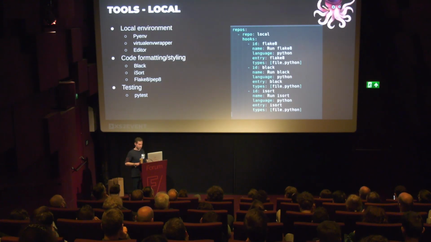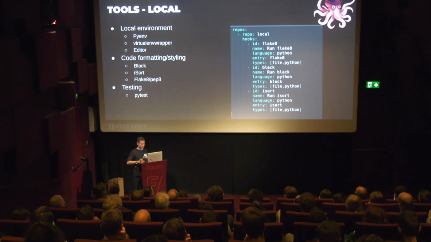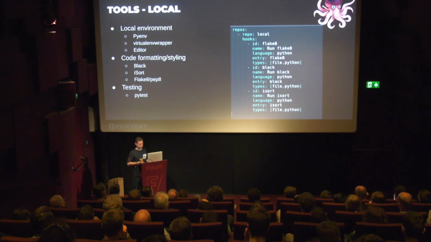We cheated it a little bit because Black in this case is set up in such a way that it doesn't only check the code, but it also formats the code. This is to accommodate some colleagues who don't have their editor set up in such a way that it formats the code. But this prevents developers from committing code that is not formatted or not running according to our linting rules.